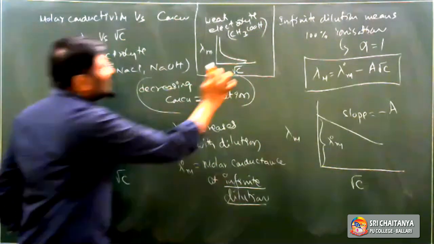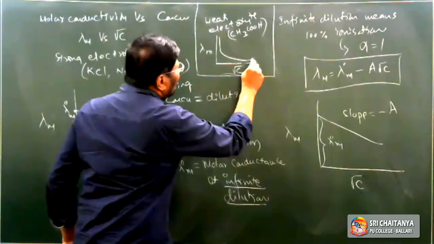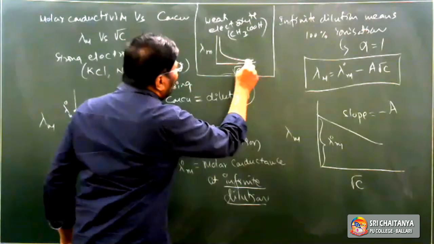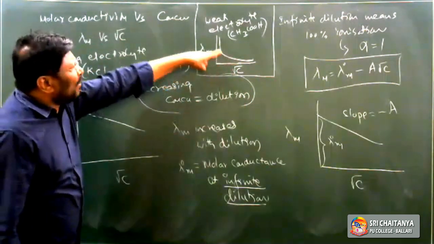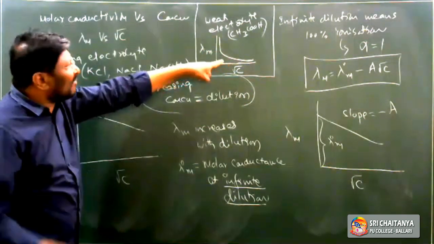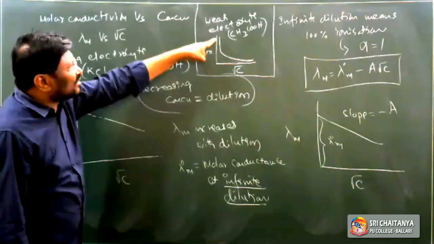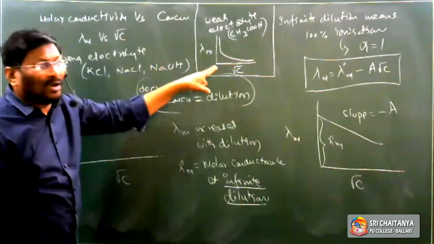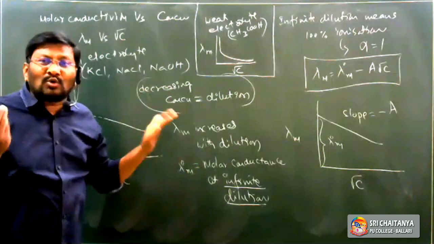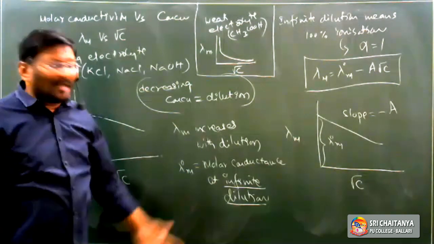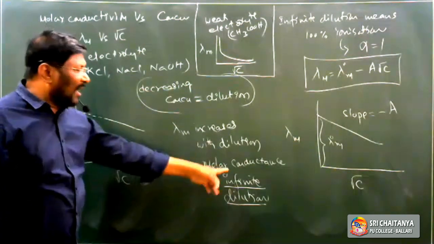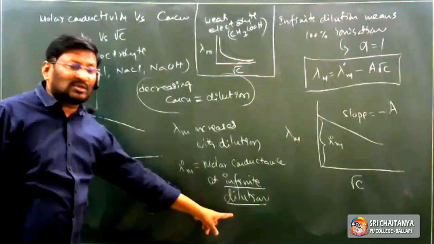In case of weak electrolyte, extrapolation is not possible. So how do we calculate molar conductance at infinite dilution?